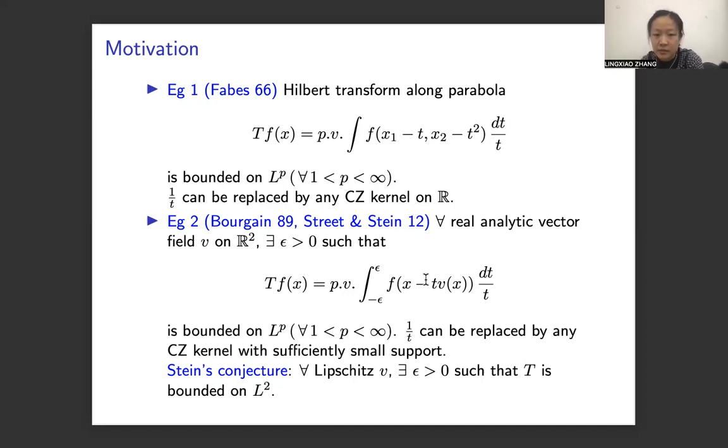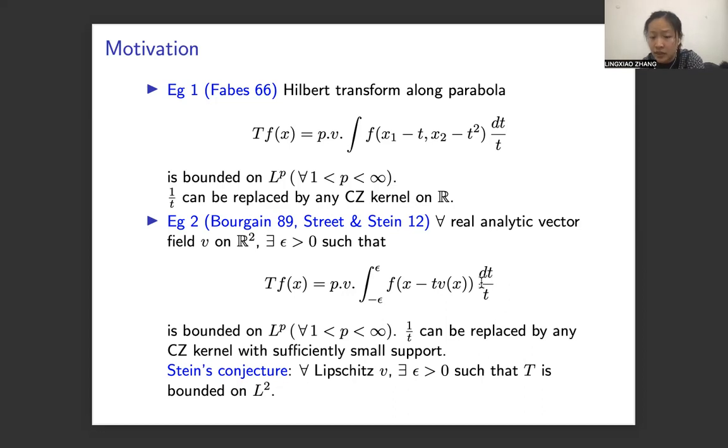The next example is about the Hilbert transform along a vector field V on R^2. It is proved by Bourgain, Street, and Stein that if the vector field V is real analytic, then the operator T is bounded for some epsilon and for every L^p.